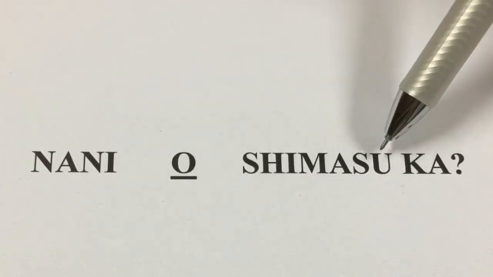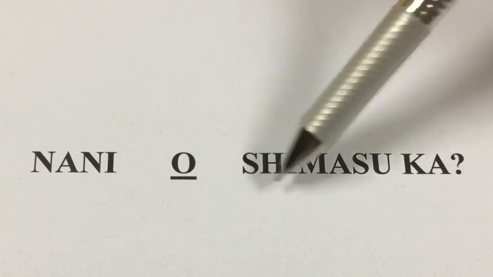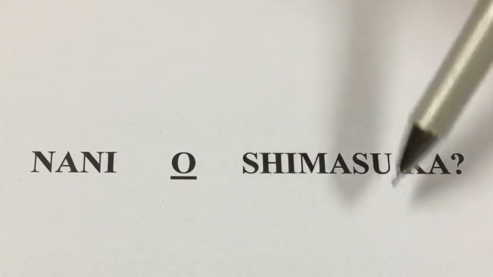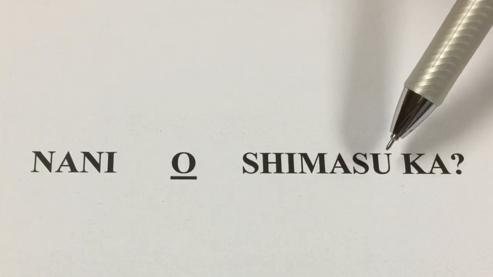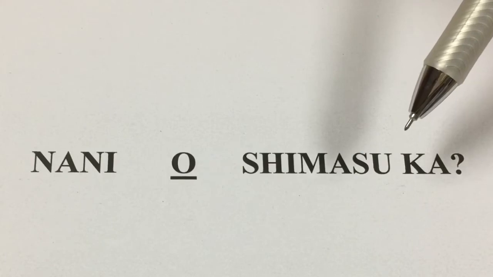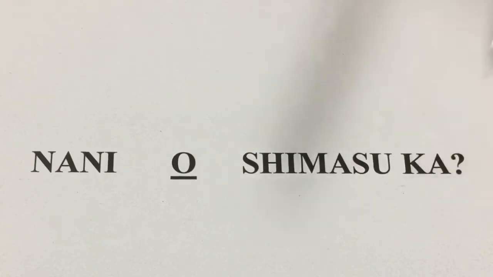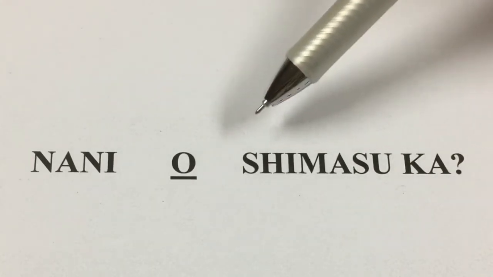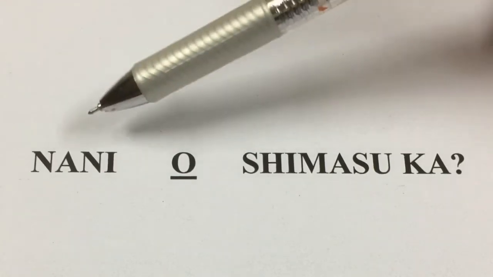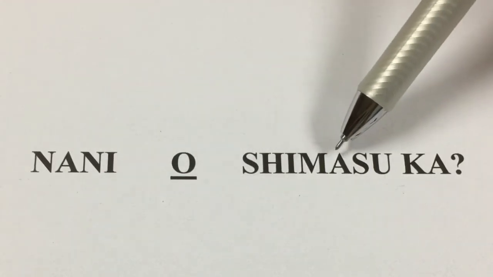NANI o SHIMASUKA. Shimasu means do, or play, sometimes like playing tennis. NANI o SHIMASUKA, what are you doing? And if the time is in the past, then it becomes NANI o SHIMASHITA.